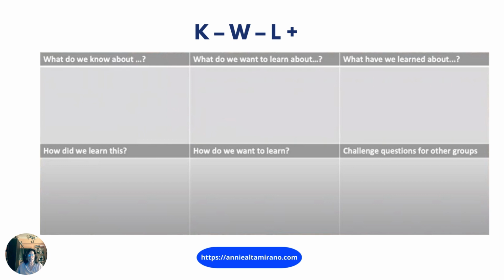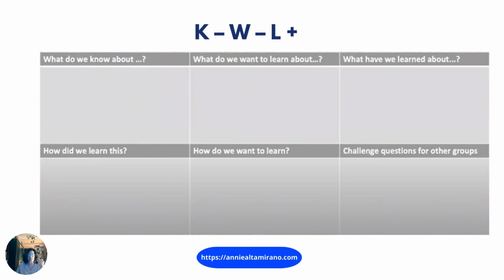You can add another layer, and when you ask them to say what they know or what they think they know about the topic or the concept of the lesson, you can ask them how they learned about this. When they say what they want to learn about the topic or concept, how do they want to learn is a good question to find out what their preferred modes of learning are.